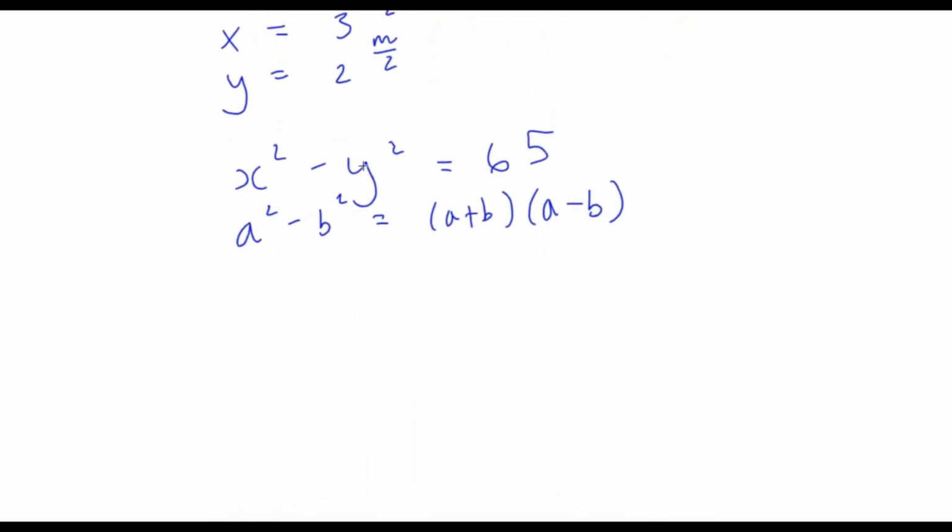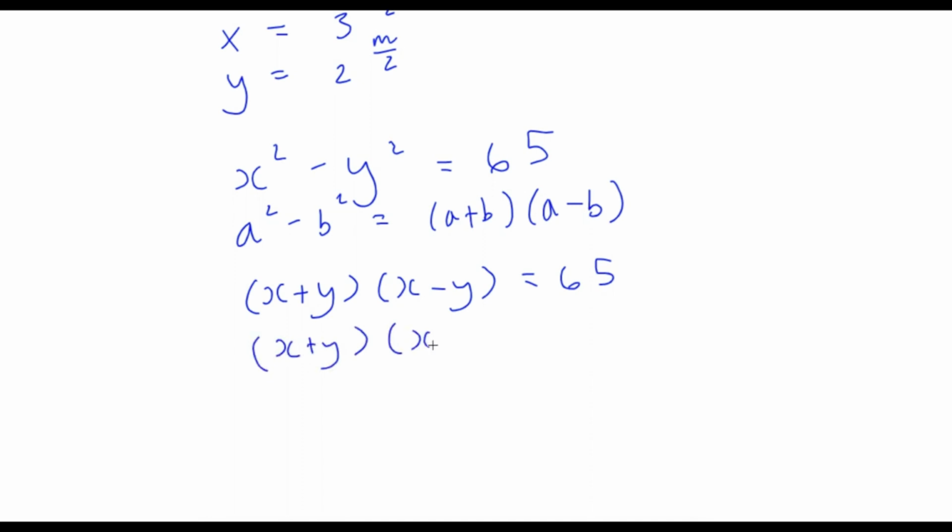So x squared minus y squared is in the same form, meaning it is the same thing as x plus y times x minus y, and now this is equal to 65. Now 65 is the same thing as 13 times 5. So we have x plus y times x minus y is equal to 13 times 5.